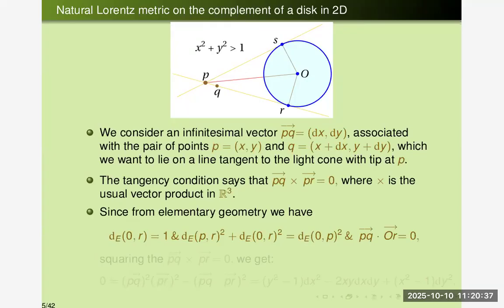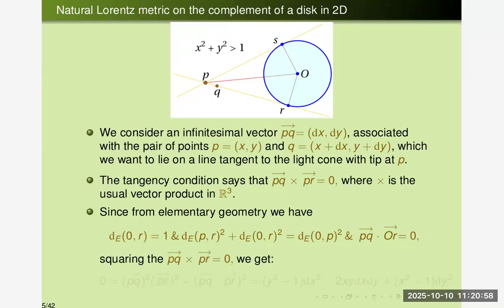For example, the distance from here to here is 1, because that's the length of the radius. Then we have the Pythagorean theorem, that this squared plus this squared is that squared. And eventually we have that the vector PQ is orthogonal to the vector R.